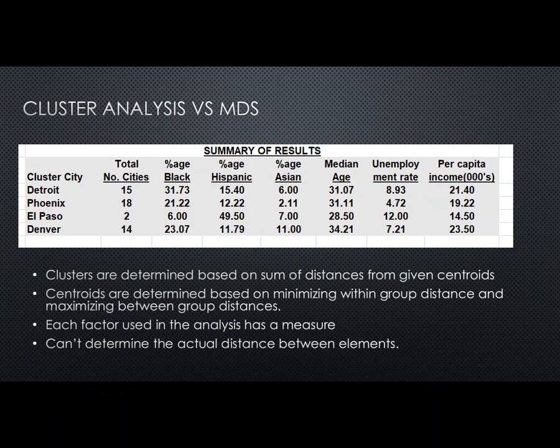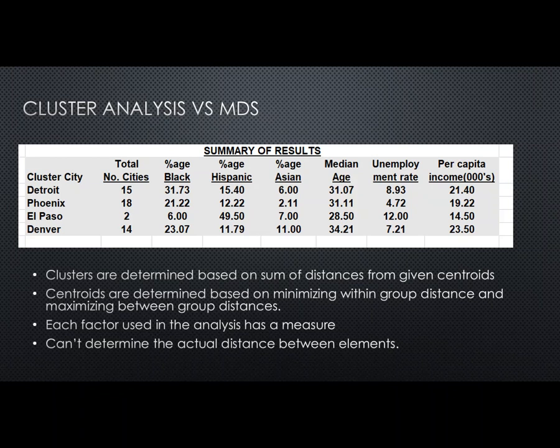The other thing you see here is that for each of the centroids, you get a really specific description based on each of the factors that was used. So you have a general understanding of the cities that are part of that cluster, right? So we know that the cities that are part of the Detroit cluster tend to have a higher percentage of blacks versus Asians, and vice versa.